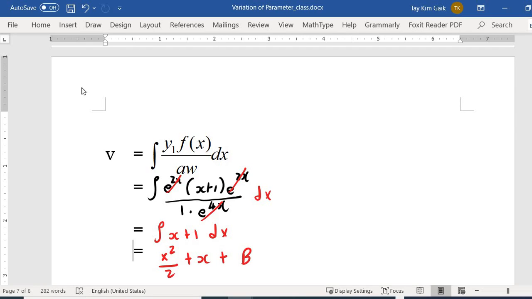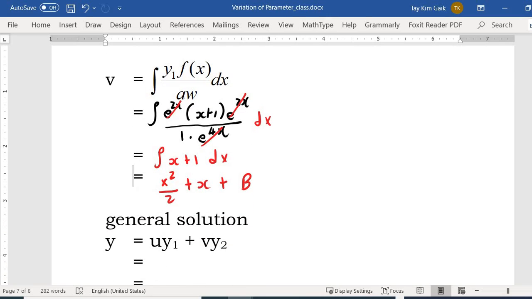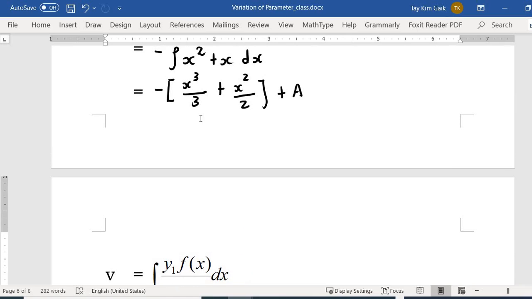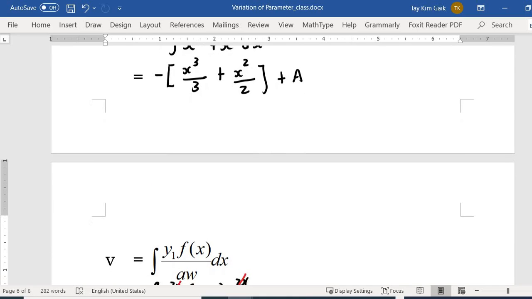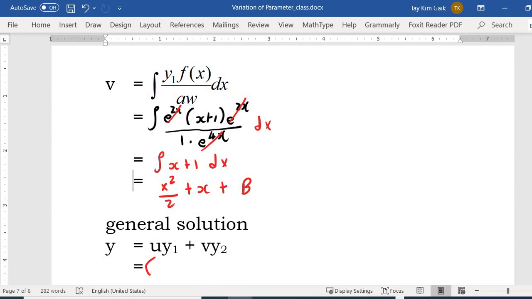Then plug u and v into the formula of the general solution. The u that you just obtained is negative x cubed over 3, negative x squared over 2 plus a.